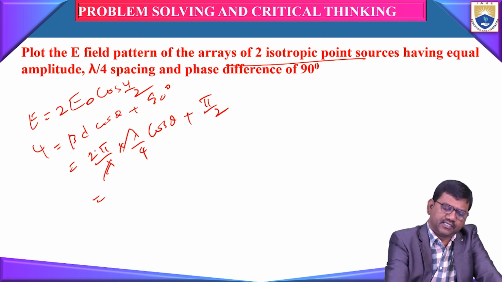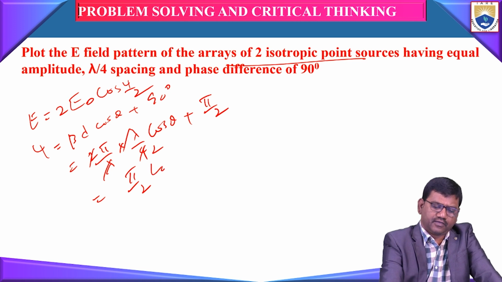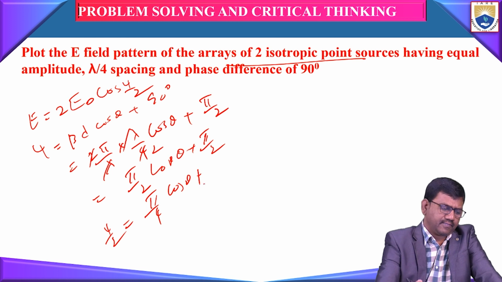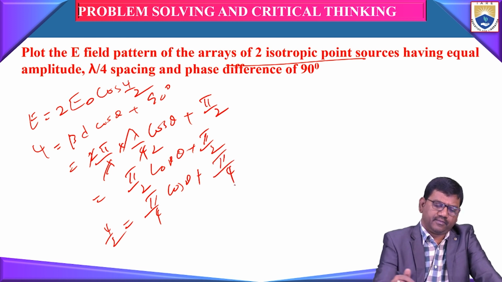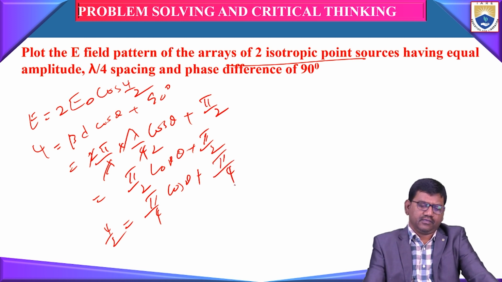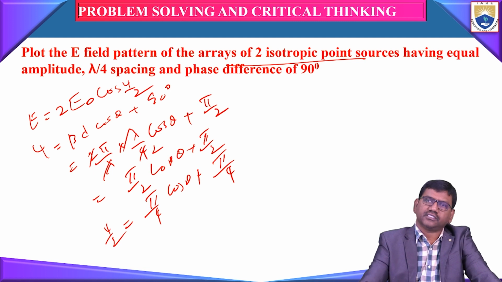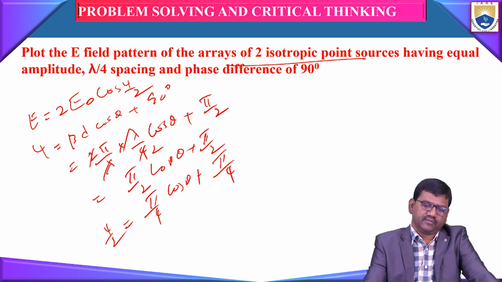Here lambda gets cancelled, the 2s get cancelled. So this is pi by 2 cos theta plus pi by 2, and psi by 2 is pi by 4 cos theta plus pi by 4.